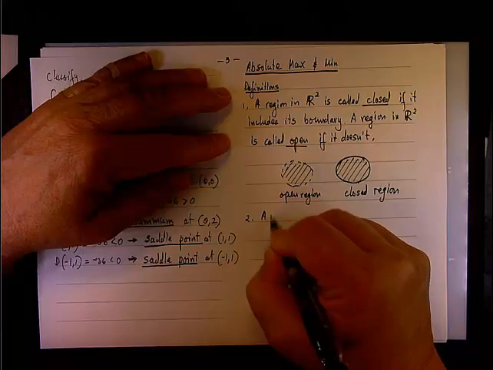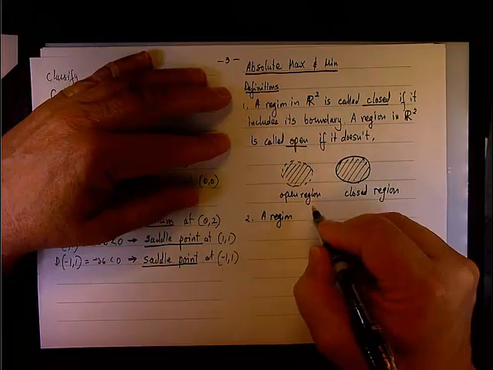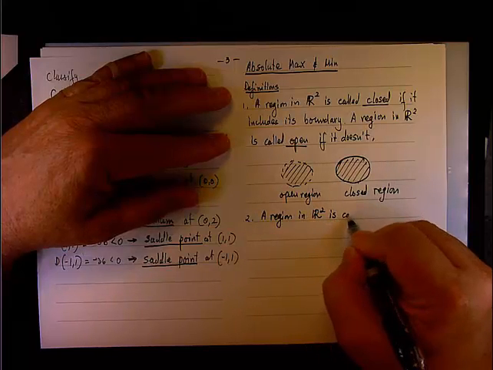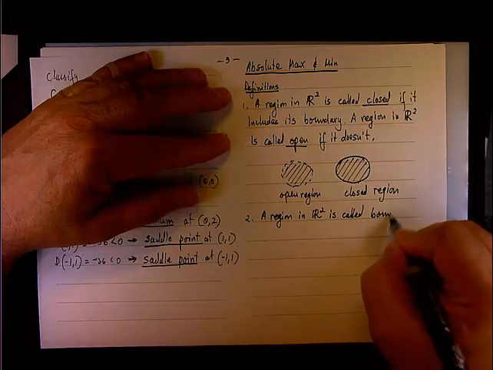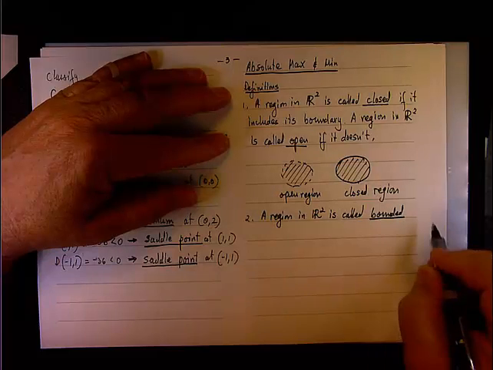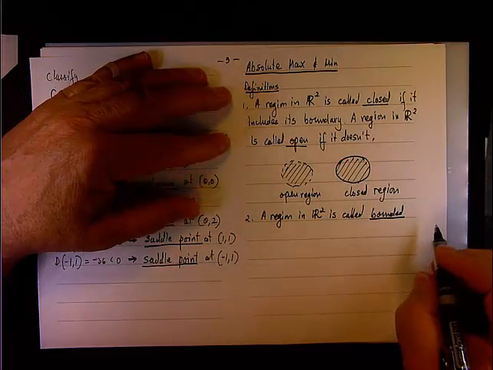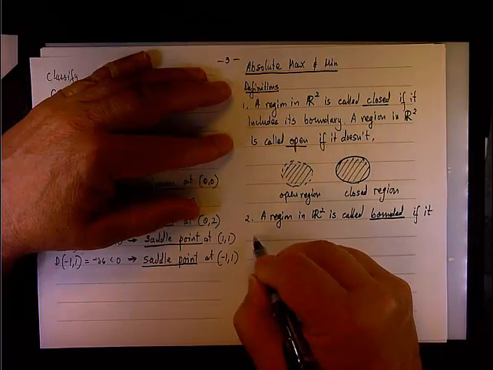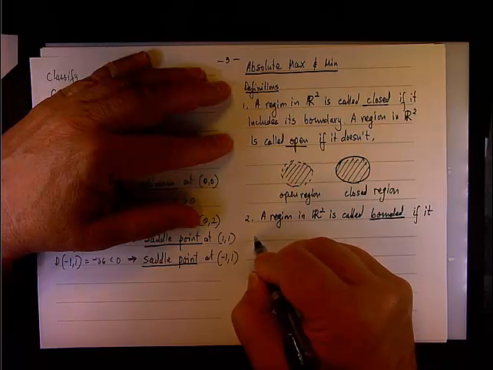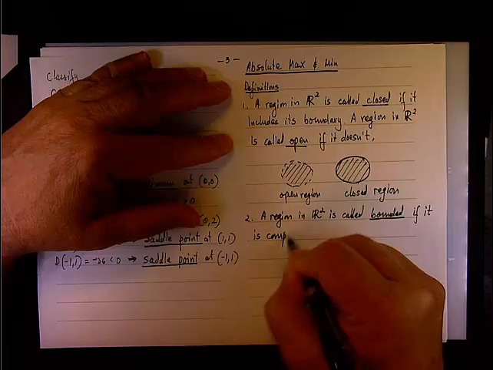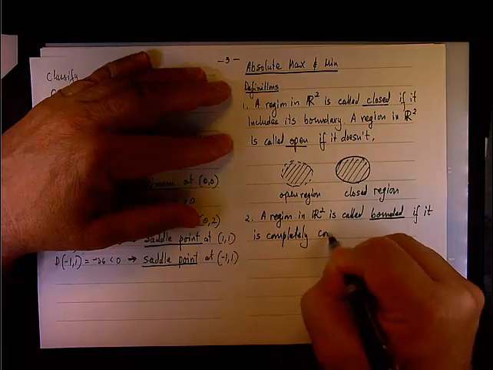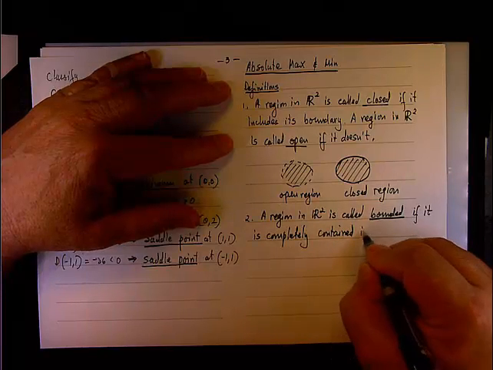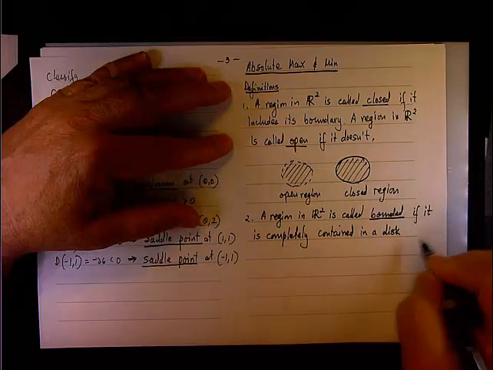It's not really sticky. Sometimes people question why we need this distinction between closed and bounded. We're going to say that a region in R2 is called bounded if it is completely contained in a disk.